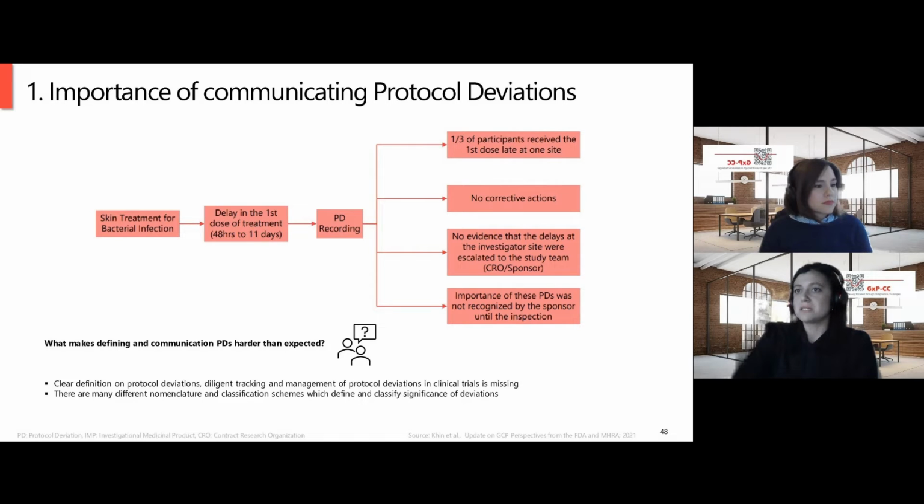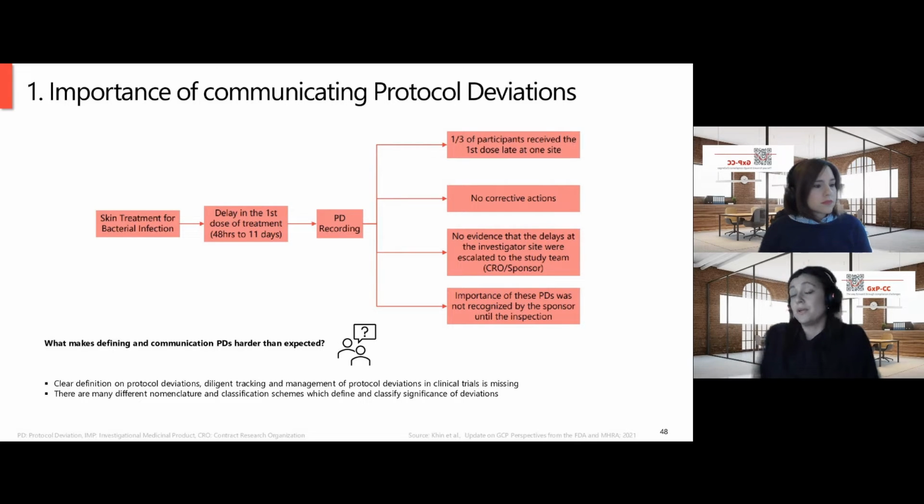What else is missing? Or in this case, it's extra. There are too many different nomenclatures and classification schemes which define and classify the significance of deviations, what is considered an important deviation and what is considered non-important. This is very tricky because each study has a different importance of protocol deviations.